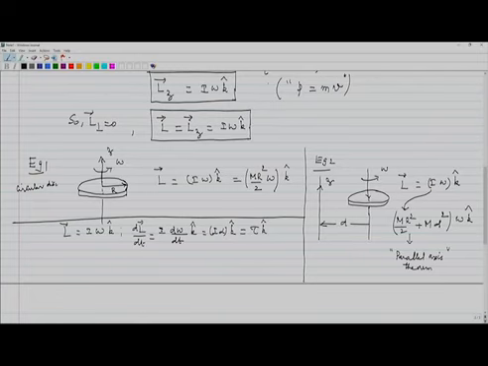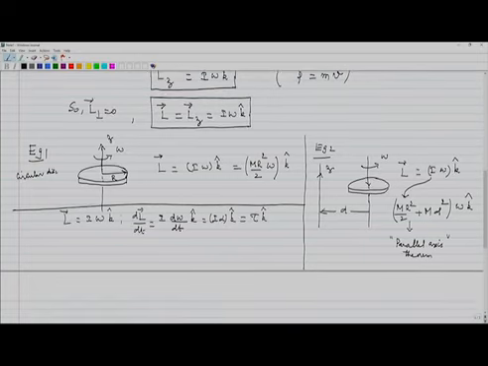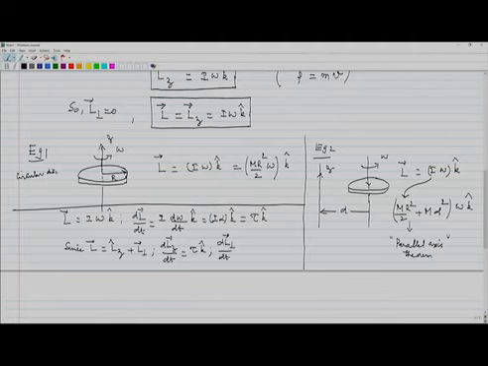Now we calculate, since L is equal to Lz plus L perpendicular, what do we get? dLz by dt is equal to tau times k, and dL perpendicular by dt is equal to 0.